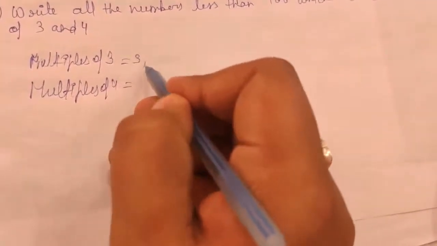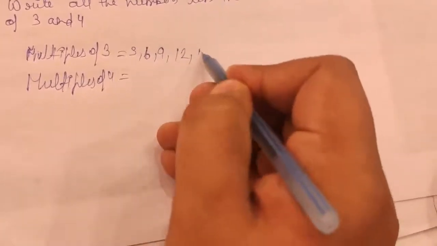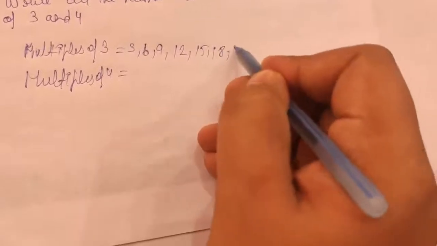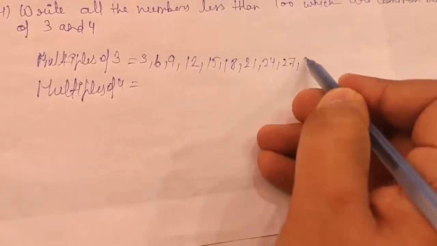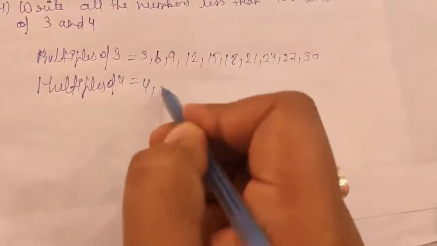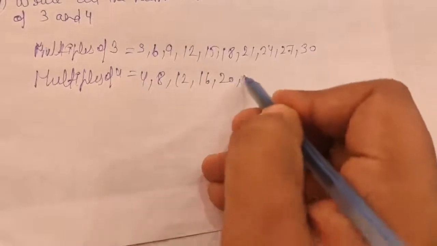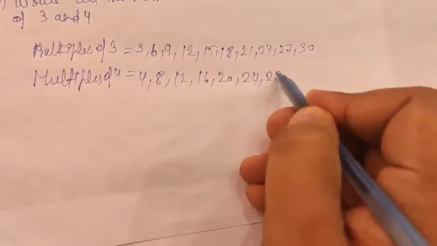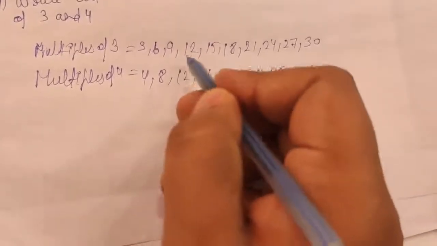We write the table of 3 first: 3, 6, 9, 12, 15, 18, 21, 24, 27 and 30. And then the table of 4: 4, 8, 12, 16, 20, 24, 28, 32, 36 and 40. Then we will find the common ones.